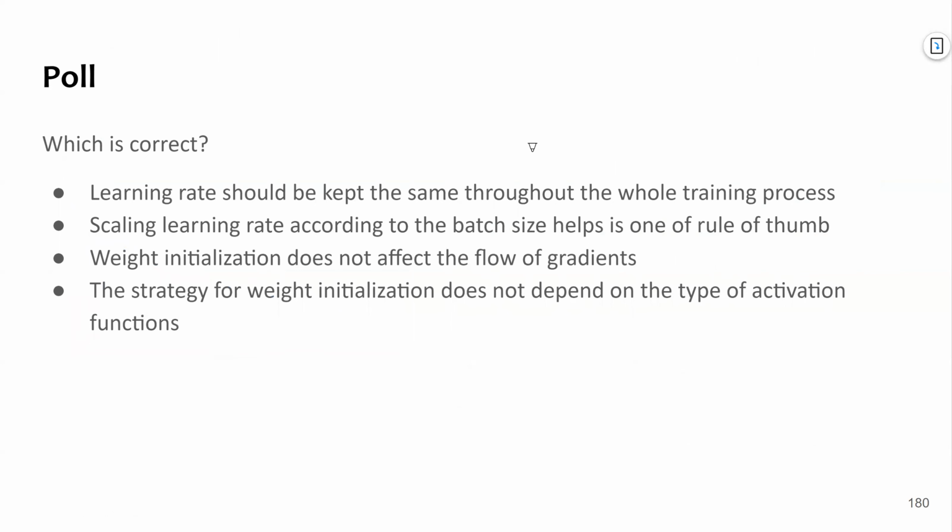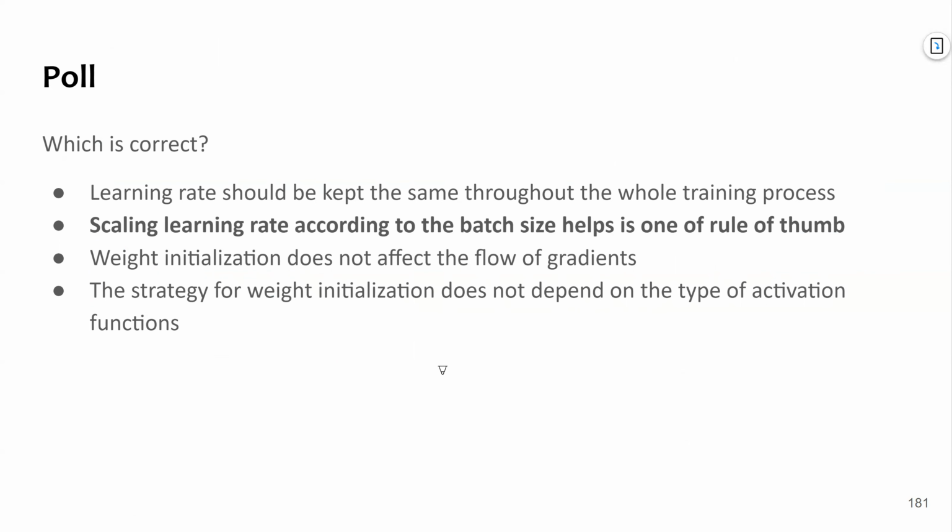Okay, think about this problem and let's check the answer together. All right, what's the answer? The answer is the second one. The first option says learning rate should be kept the same throughout the whole process. This is not true.